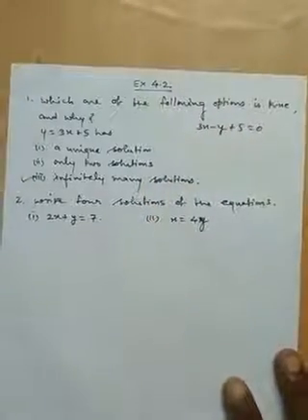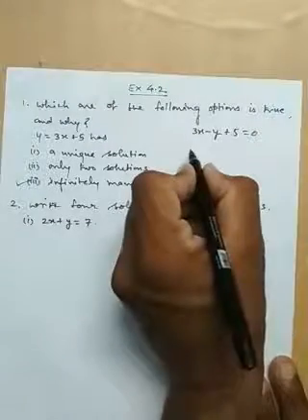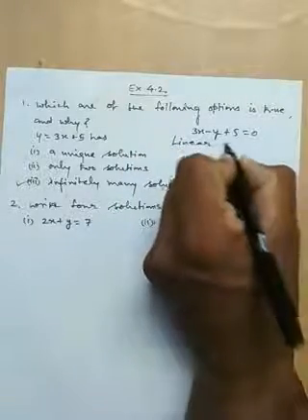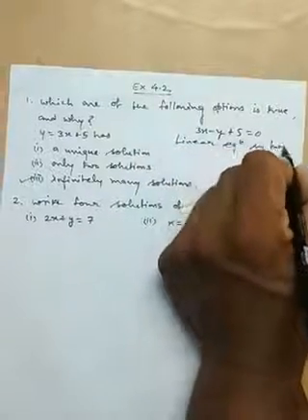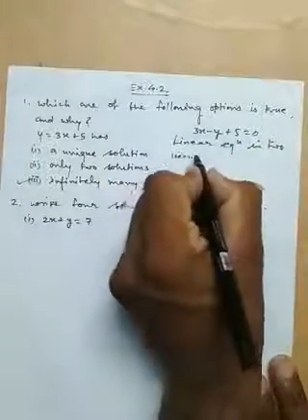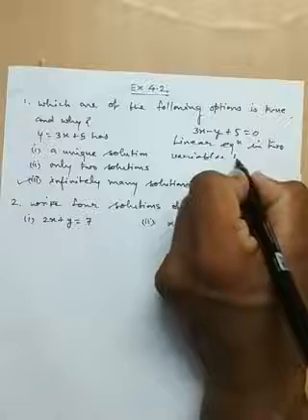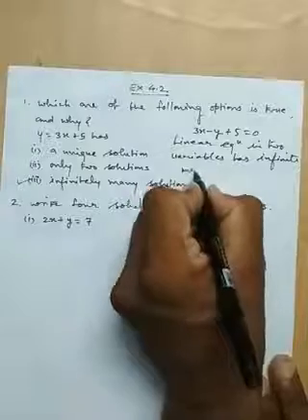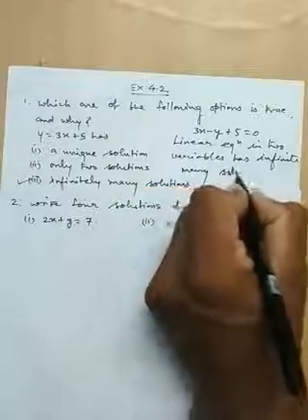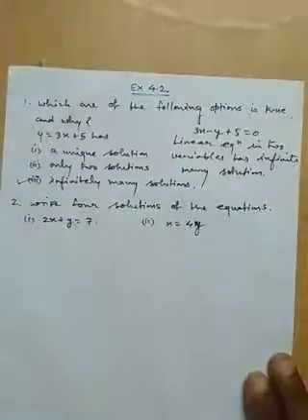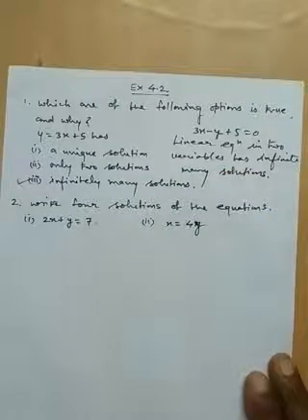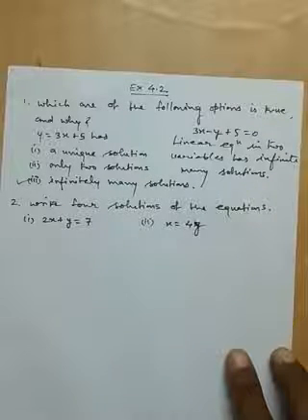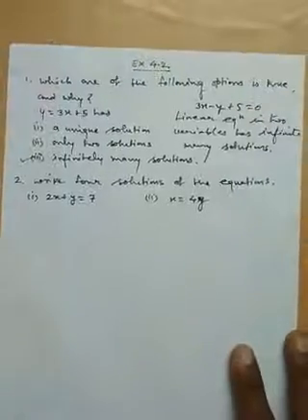This is a linear equation in two variables, and a linear equation in two variables has infinitely many solutions, because those points lying on this linear equation are called the solutions of this equation.